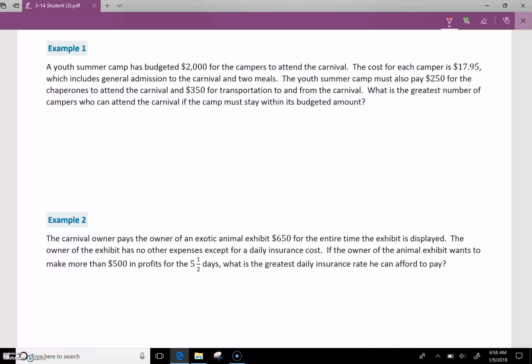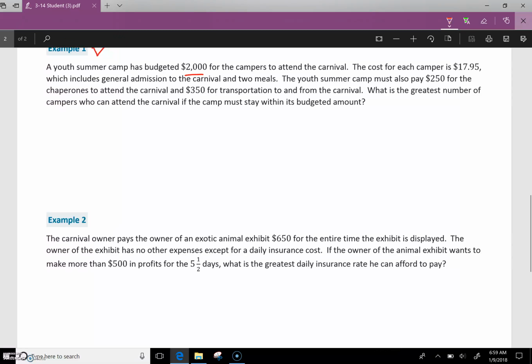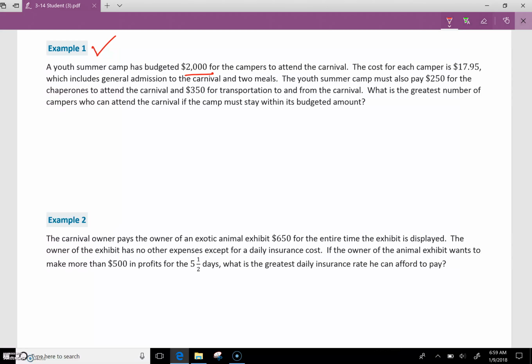Okay, we're going to look at example 1, and then remember we'll do 2 and 3 together. A youth summer camp has budgeted $2,000, which means they have decided to spend $2,000 for the campers to attend the carnival. The cost for each camper is $17.95, which includes general admission to the carnival and 2 meals. The youth summer camp must also pay $250 for the chaperones to attend the carnival and $350 for transportation.